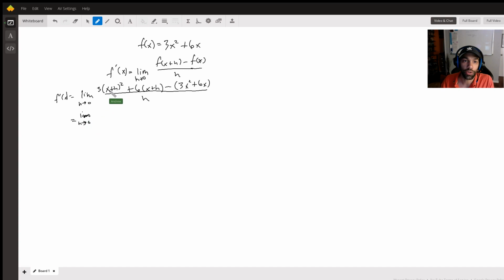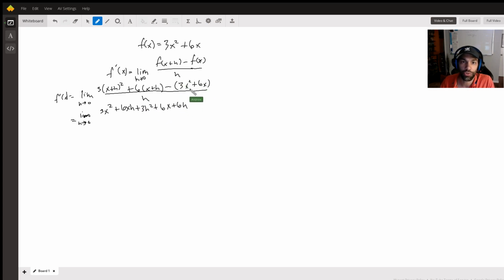So here, we're going to get x squared plus 2xh plus h squared, and we're going to multiply that by 3. That is going to give us 3x squared plus 6xh plus 3h squared, plus 6 times this: 6x plus 6h.